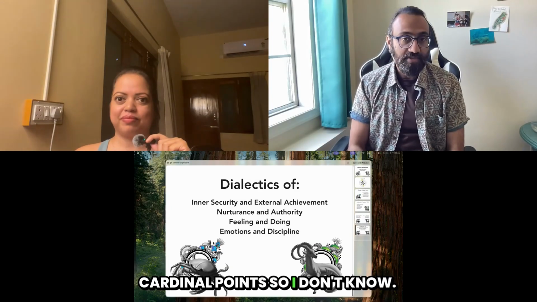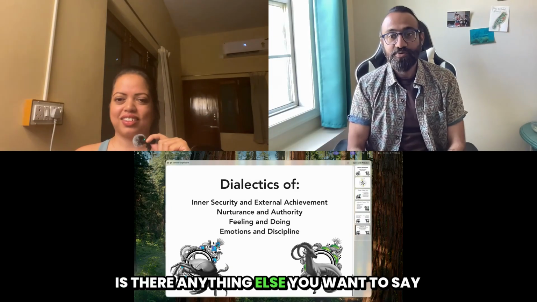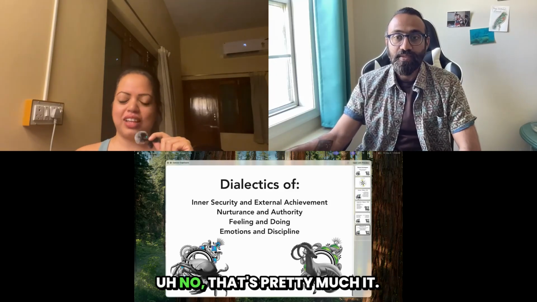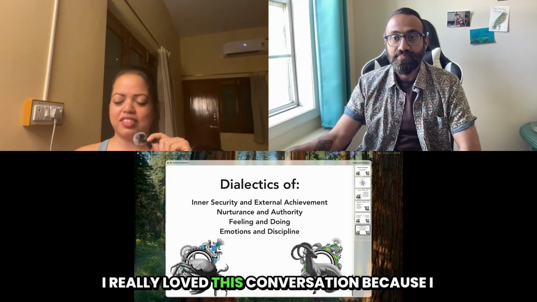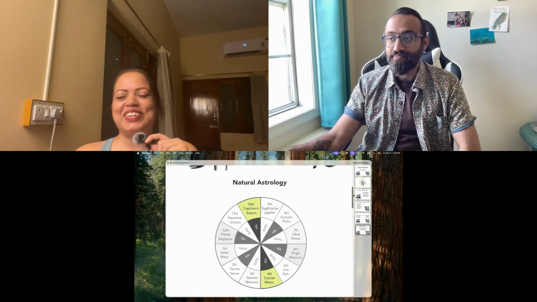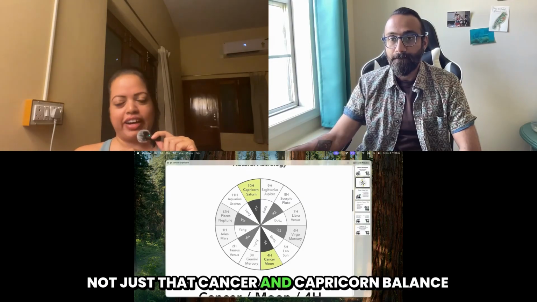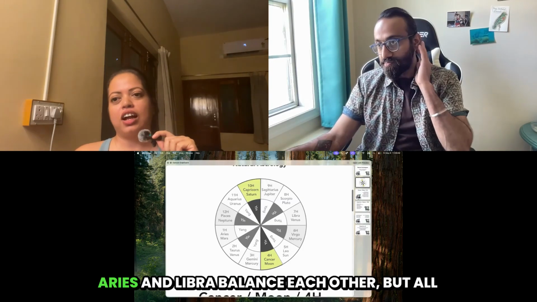So I don't have anything else. Is there anything else you want to say before we close out? No, that's pretty much it. I really loved this conversation because I love Capricorn. But yeah, it's a cardinal cross, and it's not just that Cancer and Capricorn balance each other.